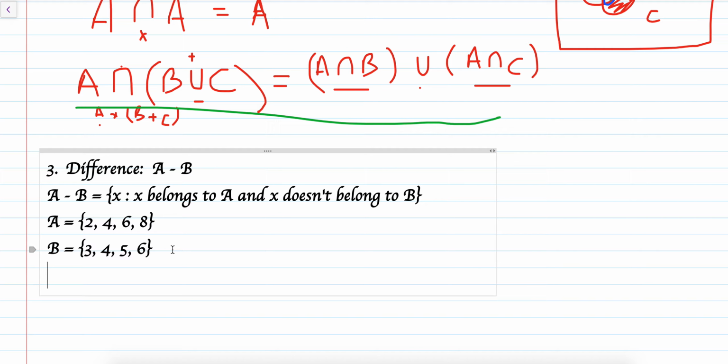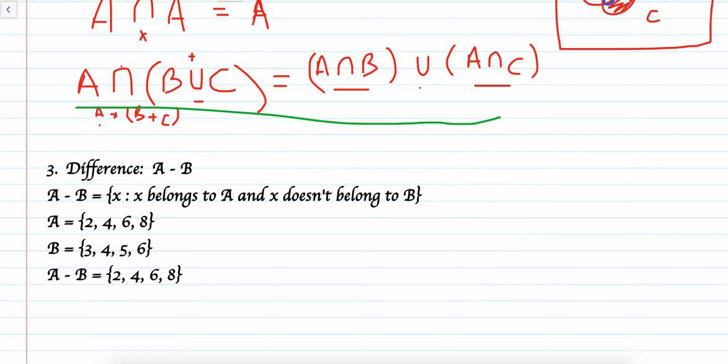A minus B, we would see that X should be all the elements which belong to A, so those elements are 2, 4, 6, 8. So this first part is satisfied. All elements that belong to A we have written, and all the elements that do not belong to B. So out of these, this only satisfies the first property.